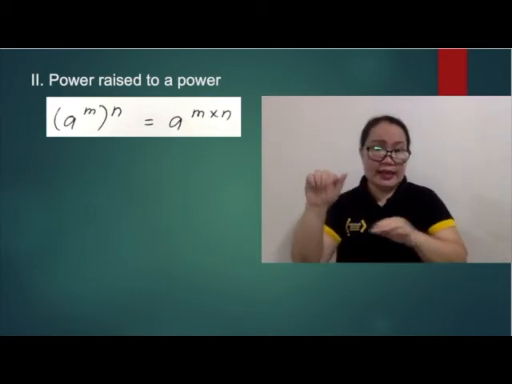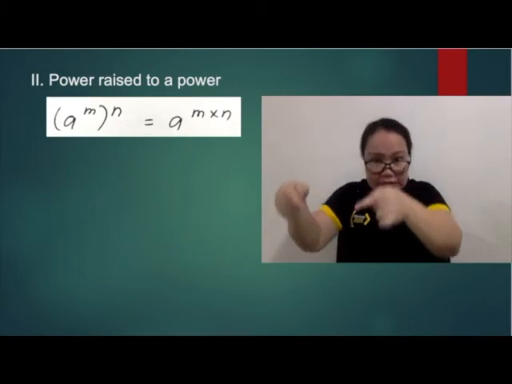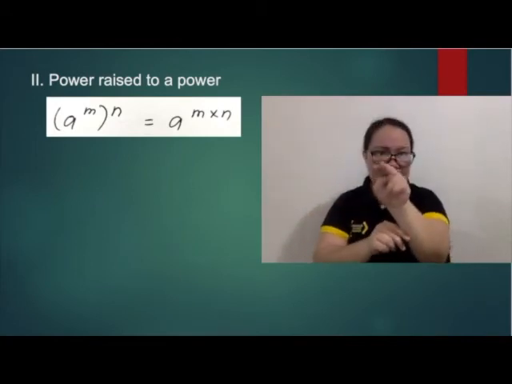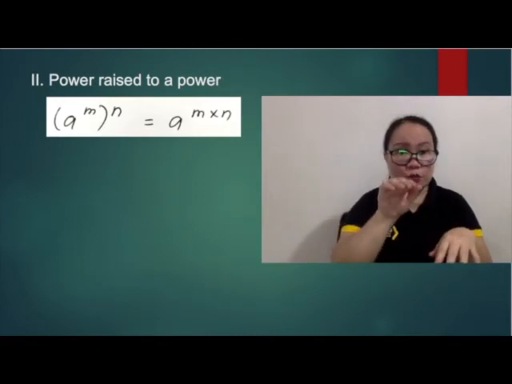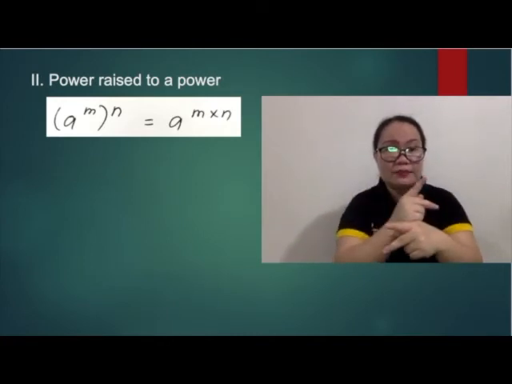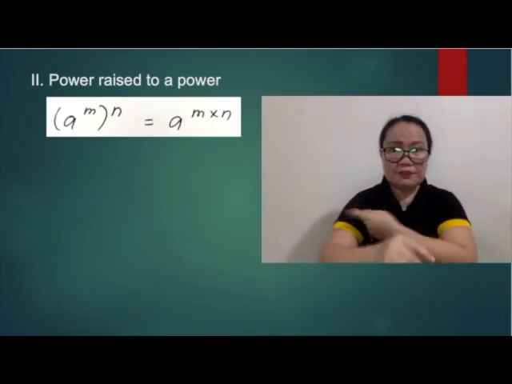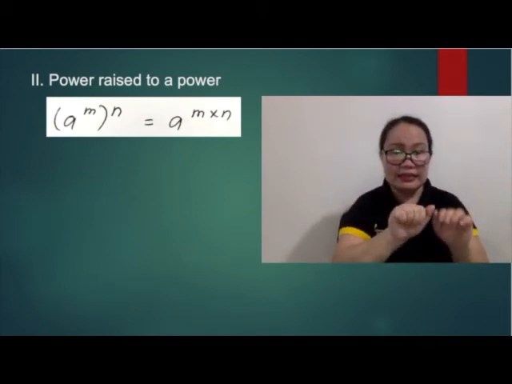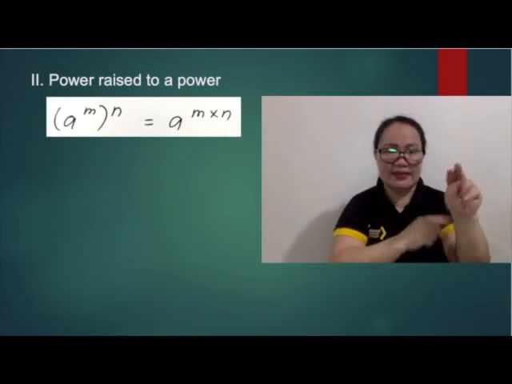In this case, a to the m is raised to the power of n. To solve this, you just have to multiply the exponents. So the answer is a raised to m times n.